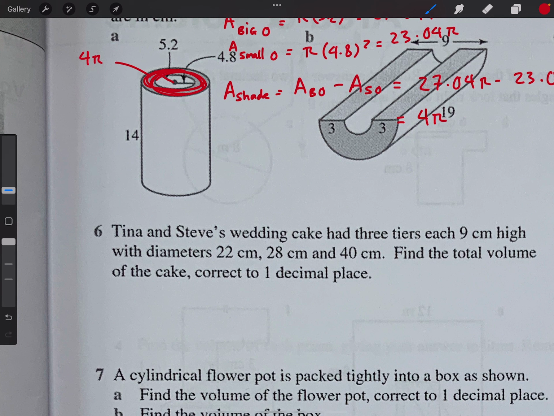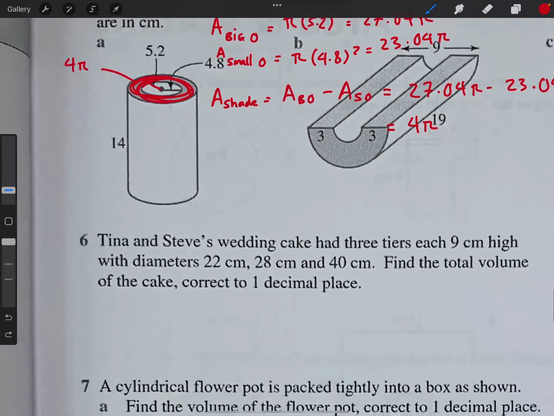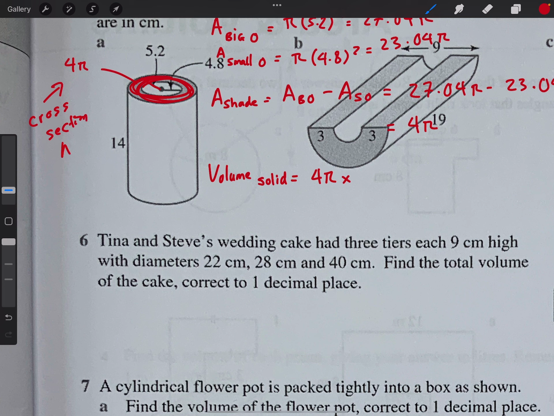Now, not the area, the volume of this solid is equal to the 4 pi multiplied by, that's the cross-section area, by the way. That shaded region is the cross-section area.